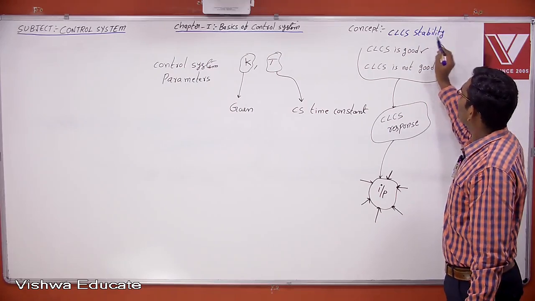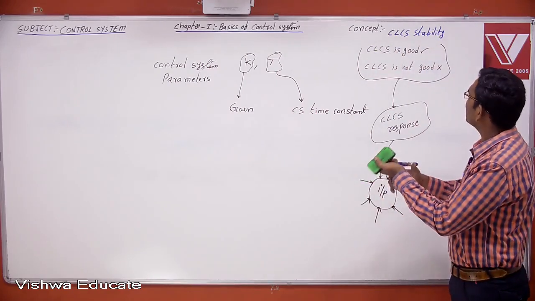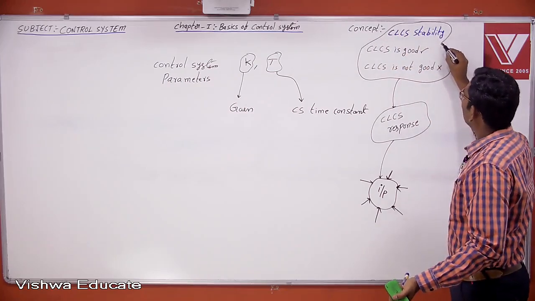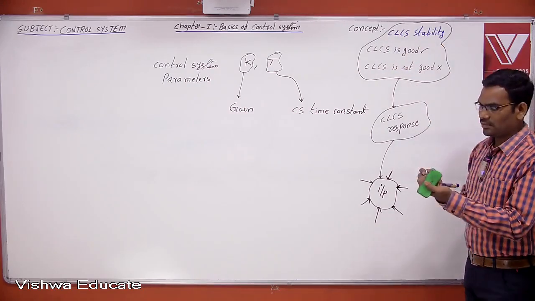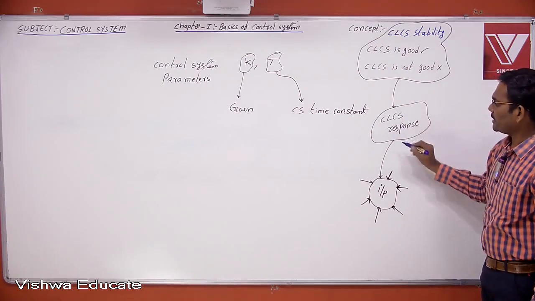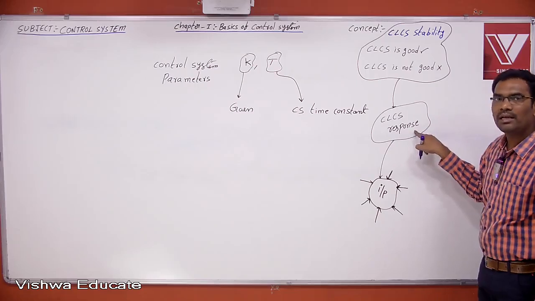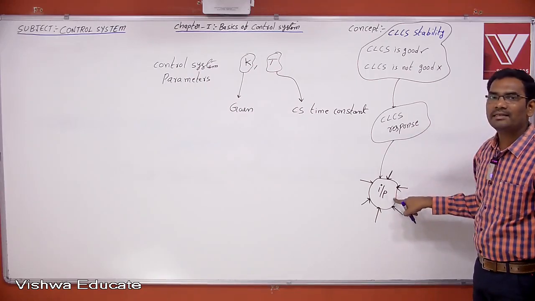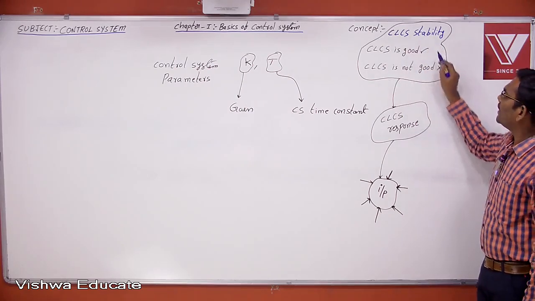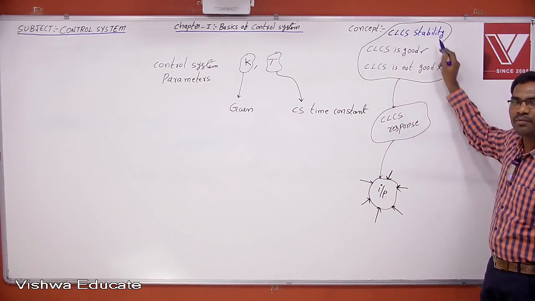If you want to decide the closed loop control system stability, then first you want to see the closed loop control system response. The response, the output, comes only when we are applying some input. Therefore, our aim is to find the stability of the closed loop control system.